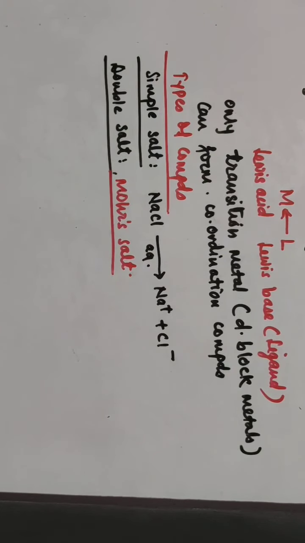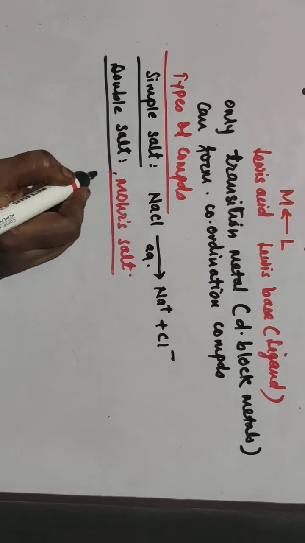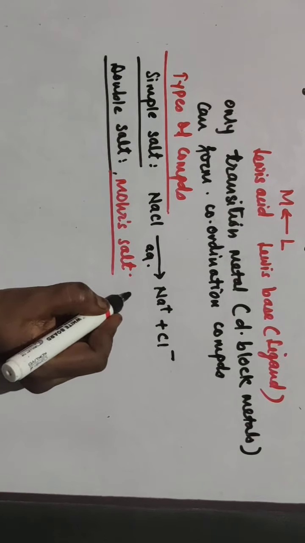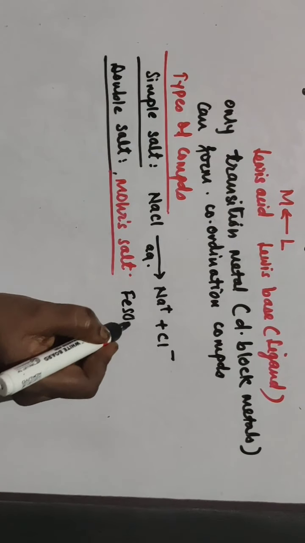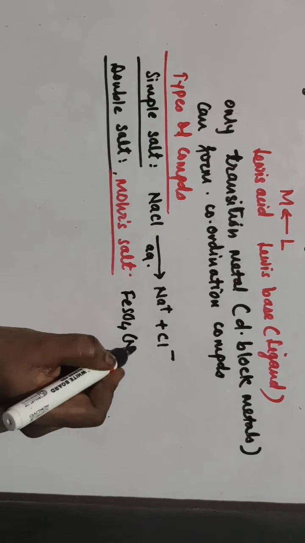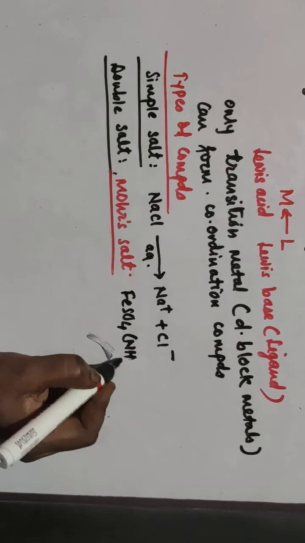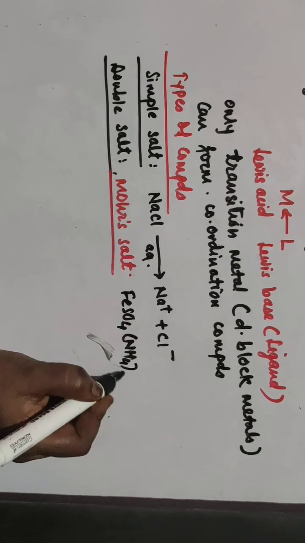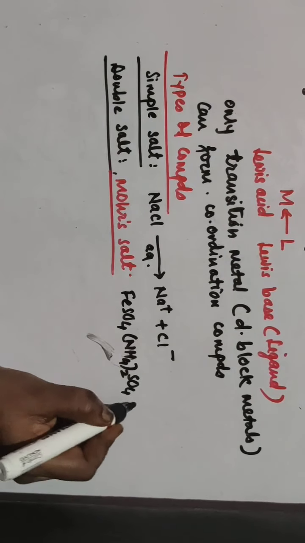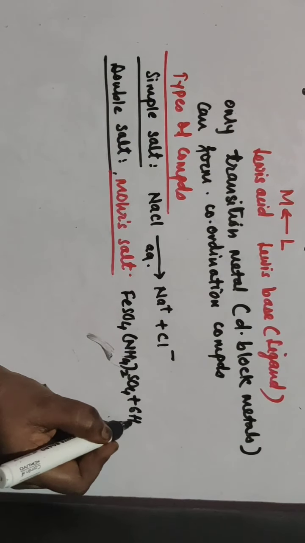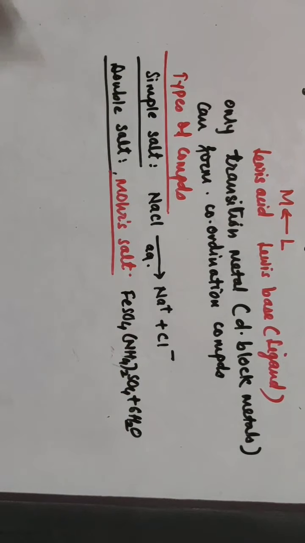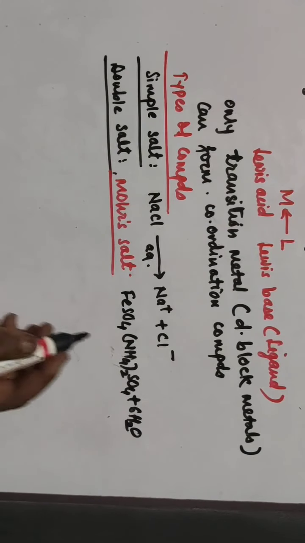It is a mixture of ferrous sulfate and ammonium sulfate. So the formula is, I'll write here, FeSO4, then (NH4)2SO4 plus 6 H2O. This is the formula of Mohr's salt. It is a double salt.